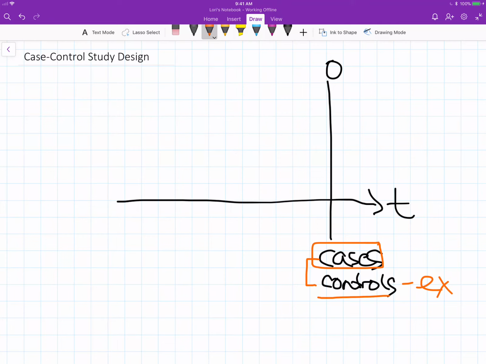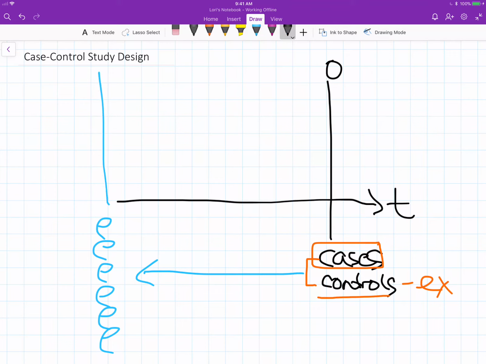Now, a case control study is considered to be a longitudinal study, and so we're asking those people, both the cases and controls, to remember back about certain exposures that happened, and we're specifically thinking about asking them to tell us about exposures that give an adequate amount of time.